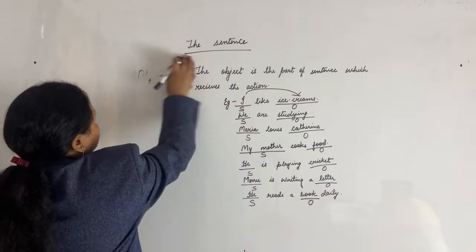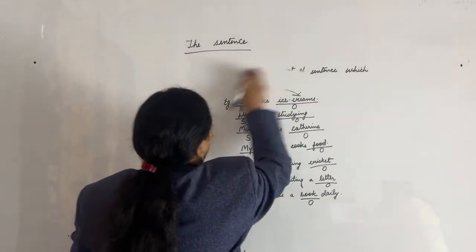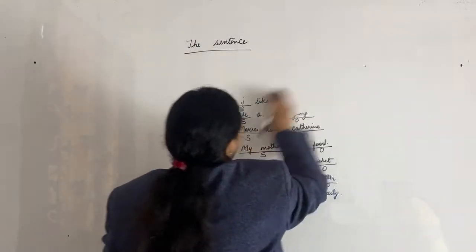Now we will read about the types of object. The object is of two types.